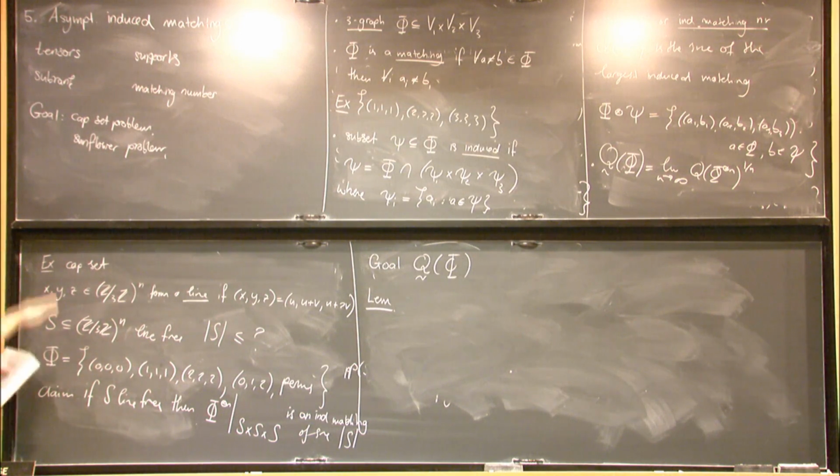And then you take n coordinates, and you're a line if you're a line in all coordinates. So that's what you're trying to avoid. Yeah. So phi to the n somehow encodes these lines. Except for these guys, but these are very few, so you don't care.